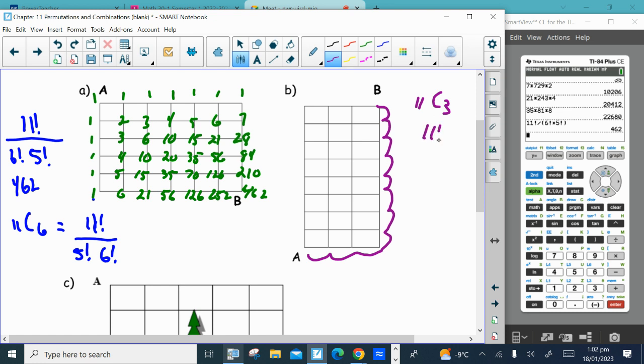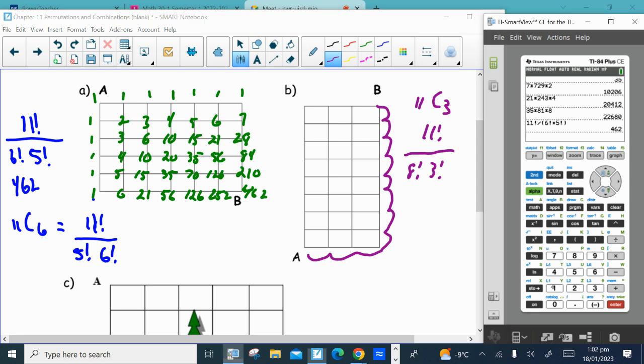That would be 11 factorial over 11 minus 3, which is 8 factorial, 3 factorial. So that would be one way to do it. So 165 is our answer.